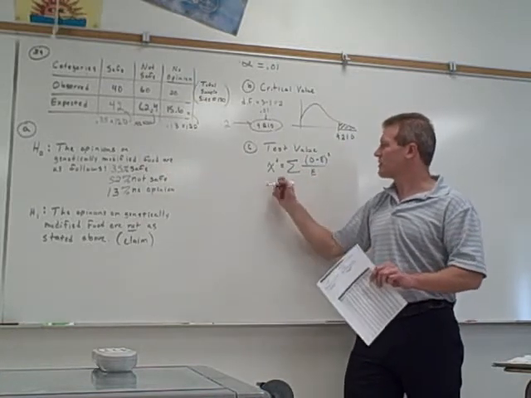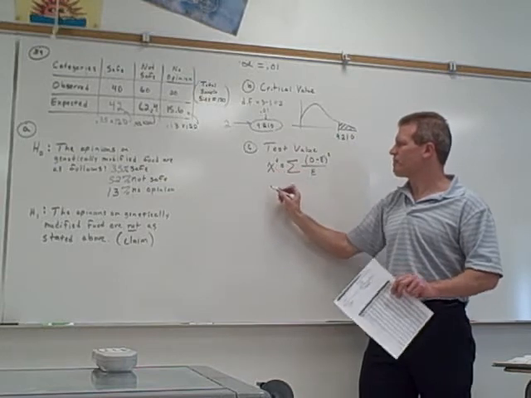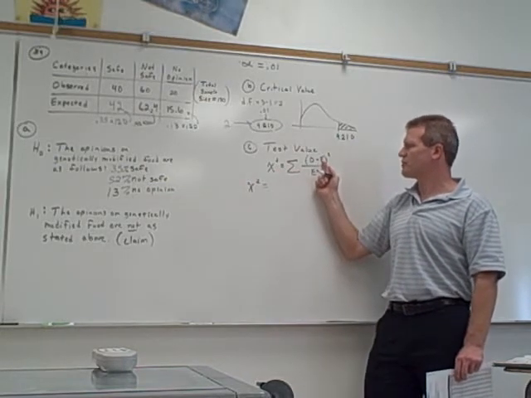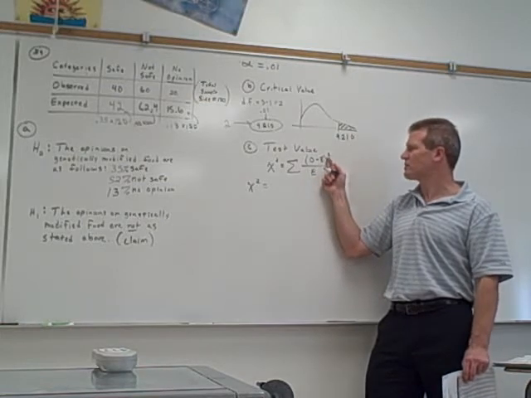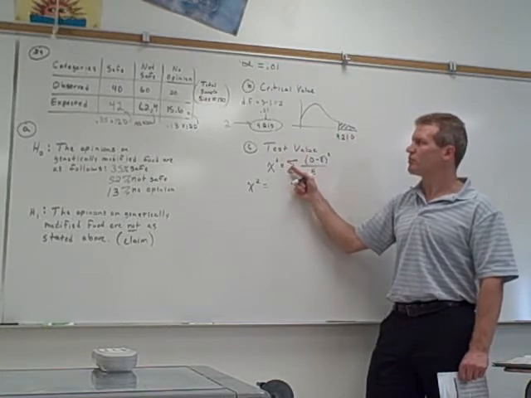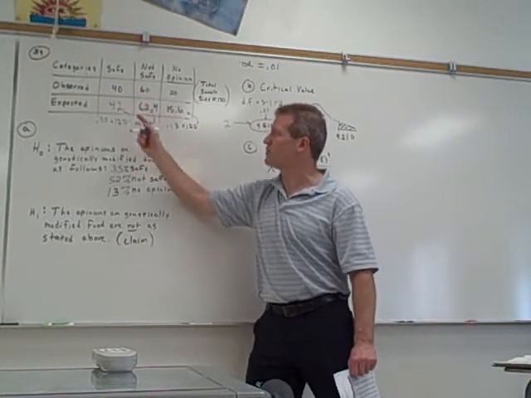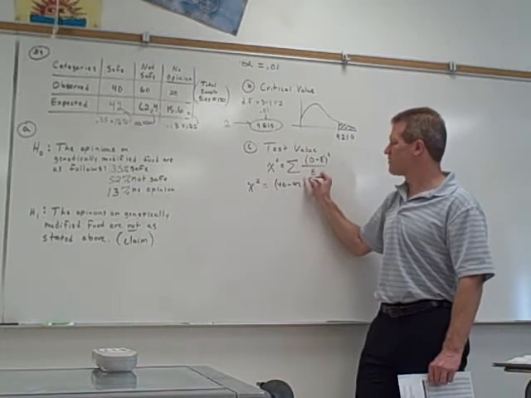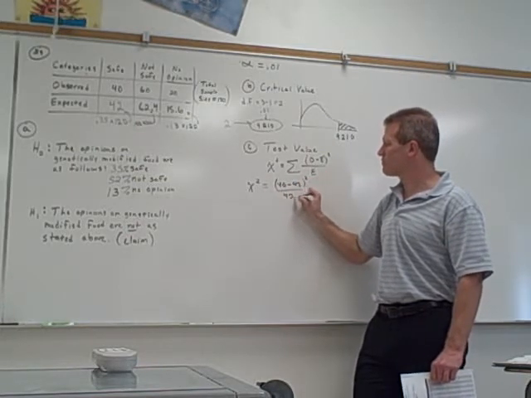All right, next step. To get the test value, here's your formula you use. You take your observed values minus your expected values, you square that difference, you divide by the expected value, then you add them all together. So we're going to do, for example, 40 minus 42 in the numerator, squared divided by 42.